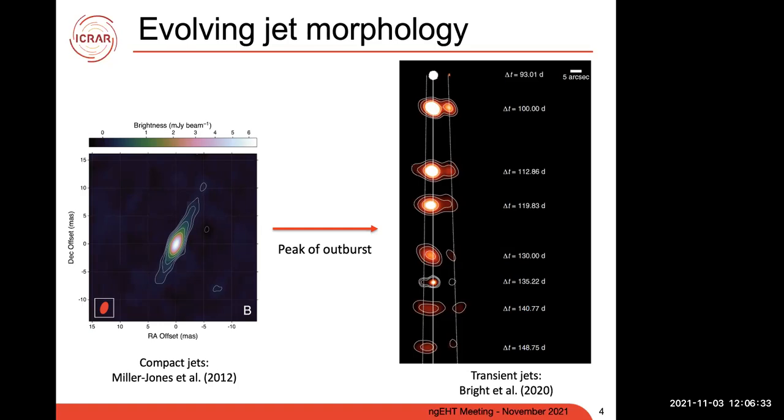And at that point, the steady jet that we've had earlier in the outburst disappears, and we see bright, relativistically moving ejecta that can be tracked over the first few days with VLBI, and over many tens or even hundreds of days with connected element interferometers such as the VLA or even ngEHT. So you see on the right-hand side here, images of tracking one of these transient jets with a combination of the VLA and ngEHT imaging.